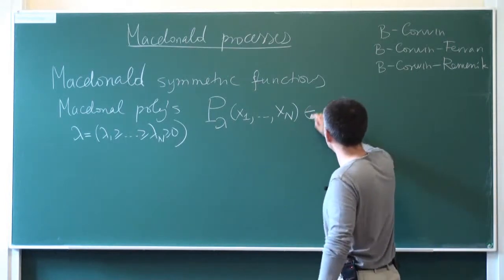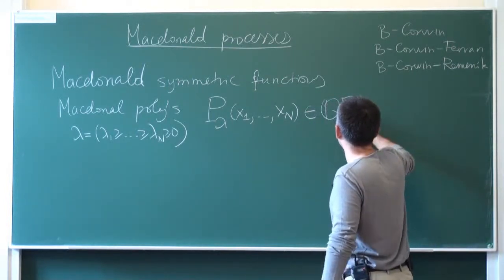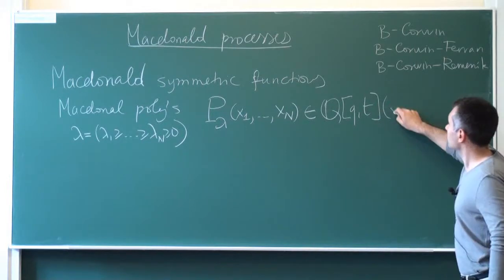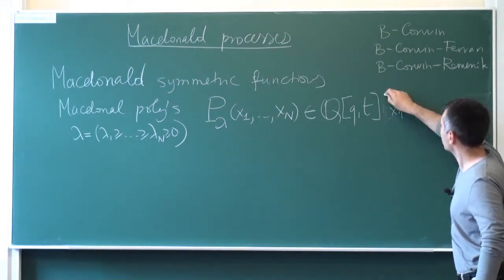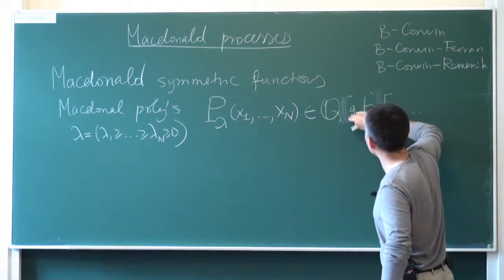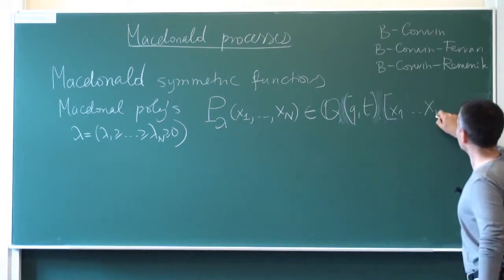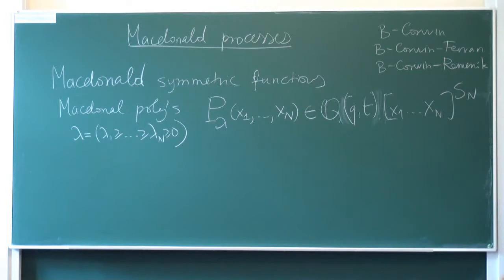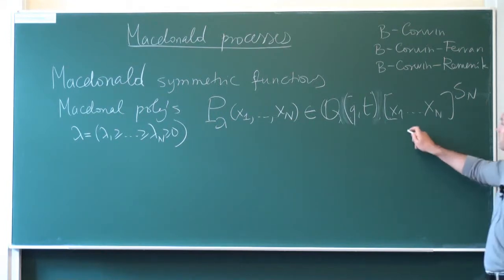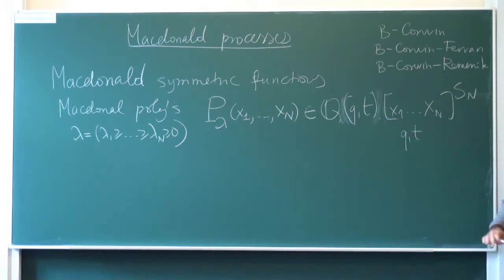So these are symmetric polynomials in x1 through xn, with coefficients that are rational functions in 2 parameters q and t. q and t can be viewed as formal parameters. They can also be viewed as numbers between 0 and 1. If one wants to use some sort of positivity, you need actual values, and that's what I'm going to use.